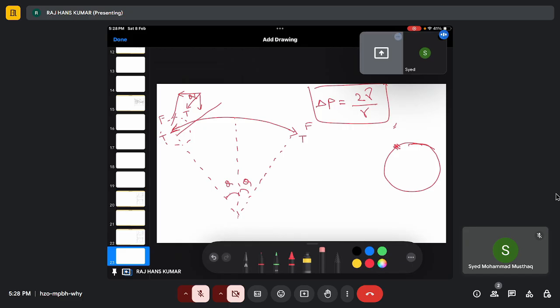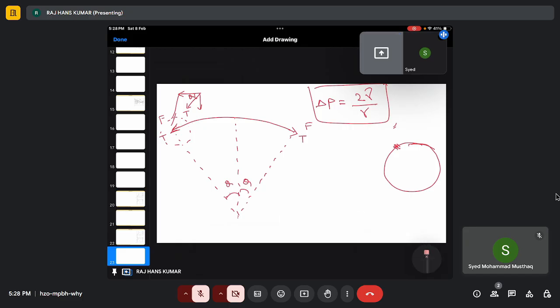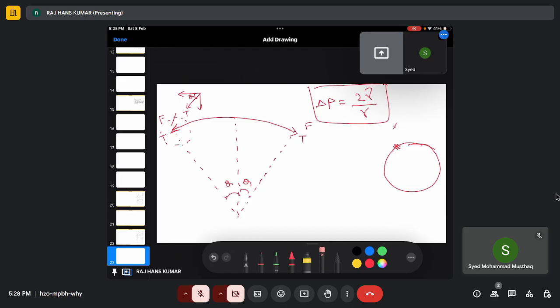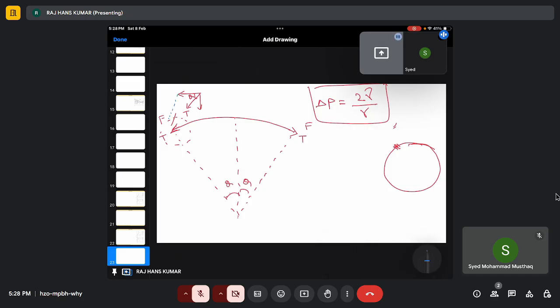So let me erase this so that it is more understandable, and let me use the blue one. If I zoom out this part, it will look like this. Now, how do we arrive at this triangle?